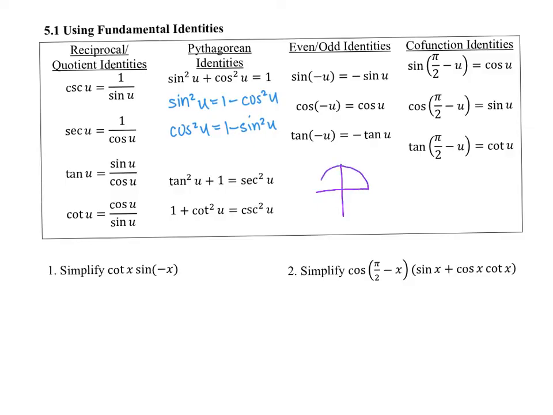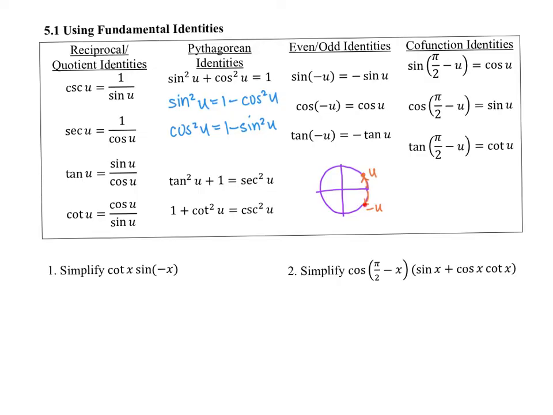I'm going to show you what they are doing, even though I'm not proving it yet because we don't actually know the identities required to prove this. But I can still look at it. If I imagine this is u, this is positive u. If I went negative u, it would be down here. If you recall previously, we compared the cosine and sine values of u versus negative u.